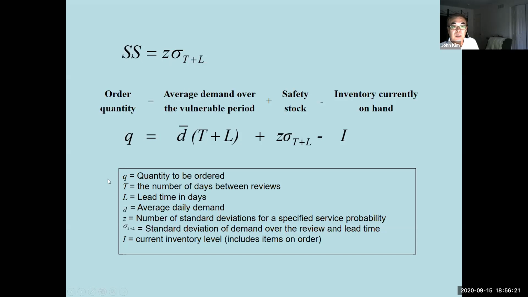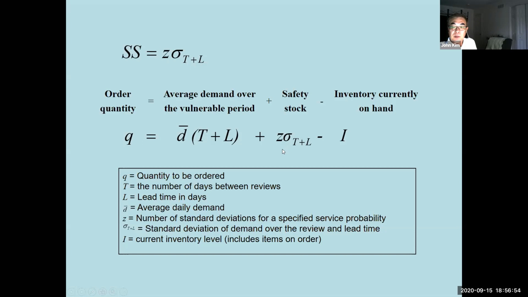So the order quantity, when we use the P model, is the average demand over the vulnerable period. So daily demand times the fixed time, like every 30 days, every 7 days, plus lead time, plus safety stock.